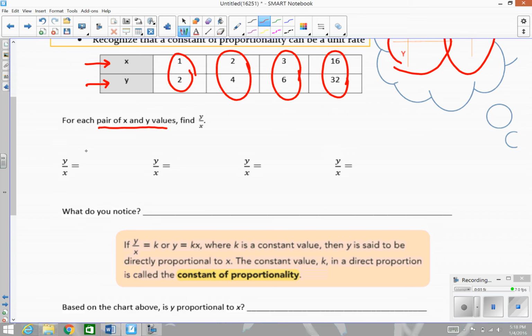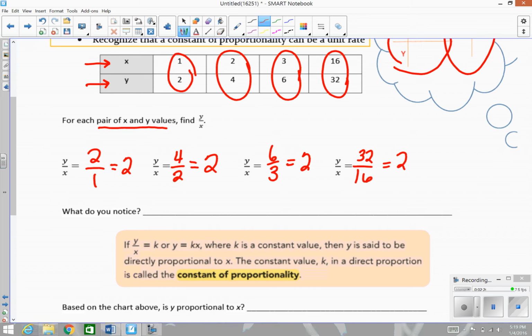This first pair, the Y value is 2, the X is 1. We have 2 over 1, which is 2. The next pair, we have 4 over 2. 4 divided by 2 is 2. The next one, we have 6 over 3, which is 2. And lastly, 32 over 16 is 2.